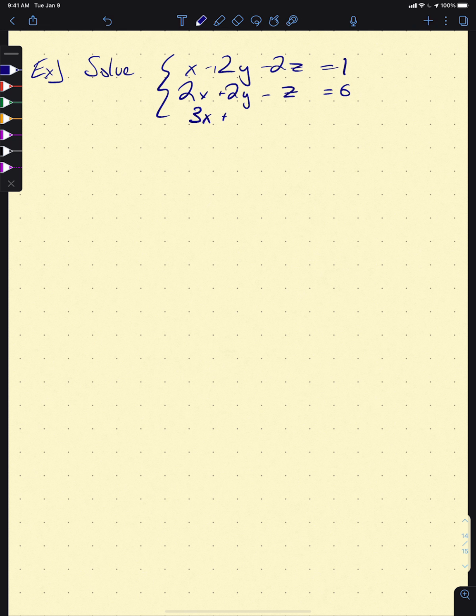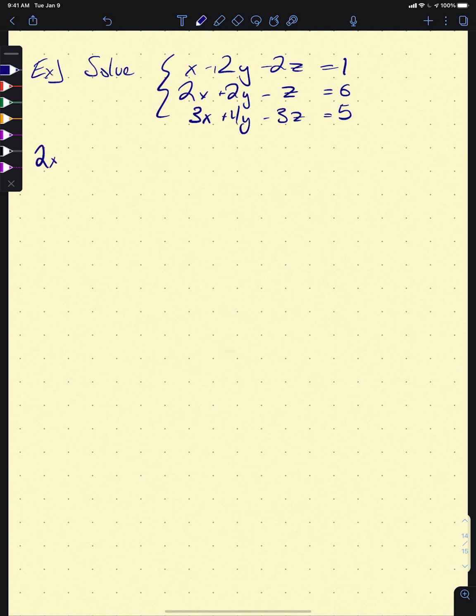And we have 3x plus 4y minus 3z equals 5. Okay. And so what we want to do with this, guys, is march through the same steps that we had before, right? And one by one, start to knock out these elements, okay?